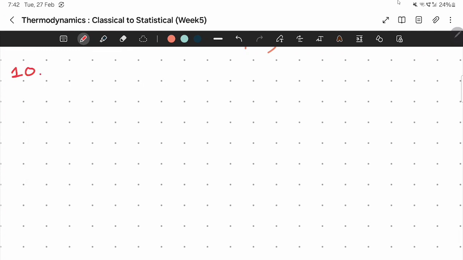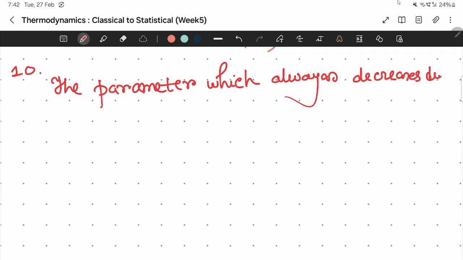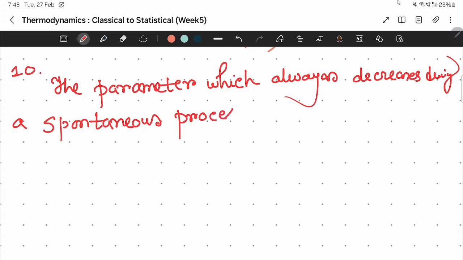Question number 10. The parameter which always decreases during a spontaneous process at constant entropy and volume is... So they have asked to find the parameter which will always be decreasing for a spontaneous process at constant entropy and volume.